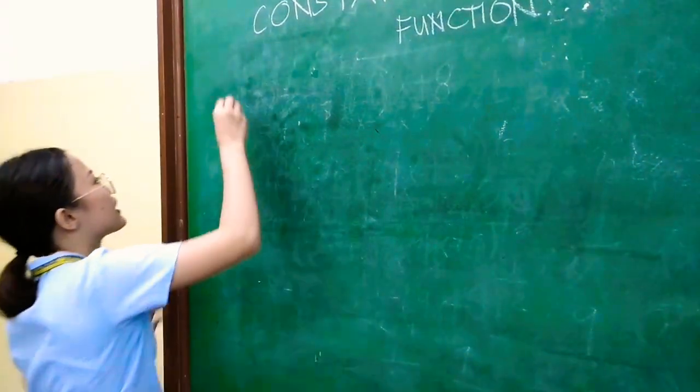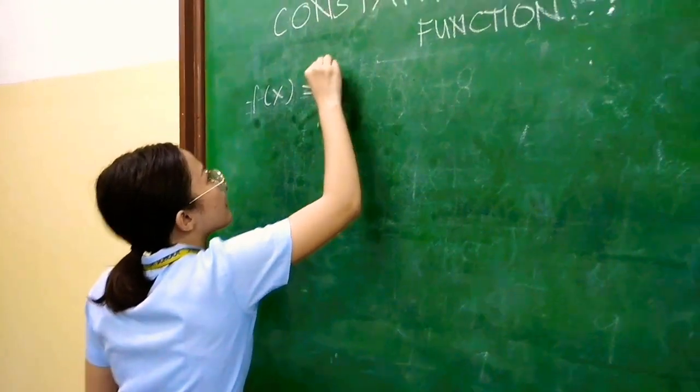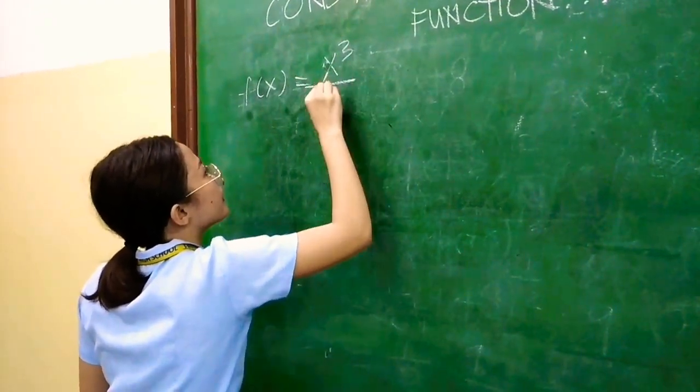So the second example is f of x equals x cubed over 15.